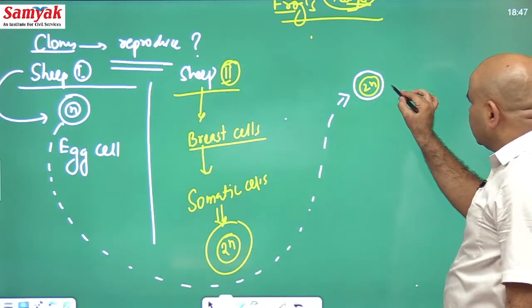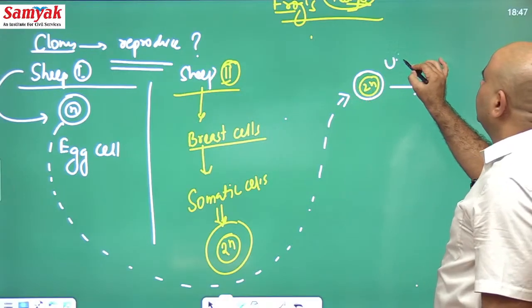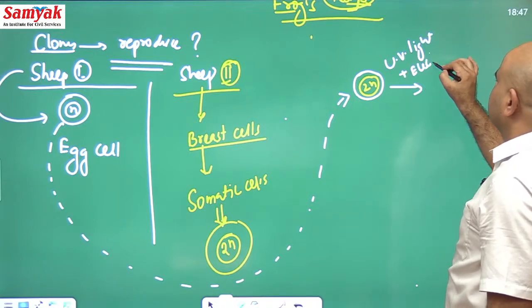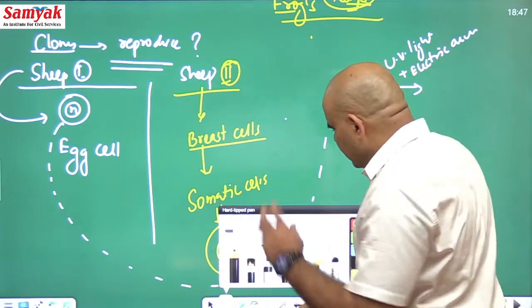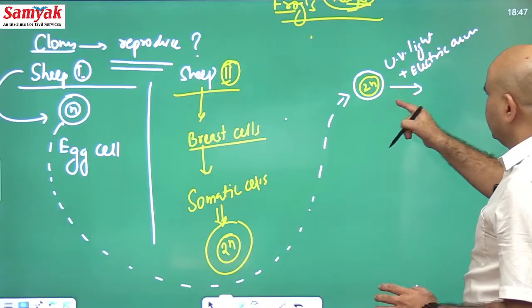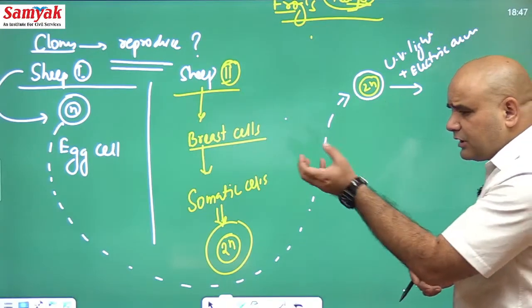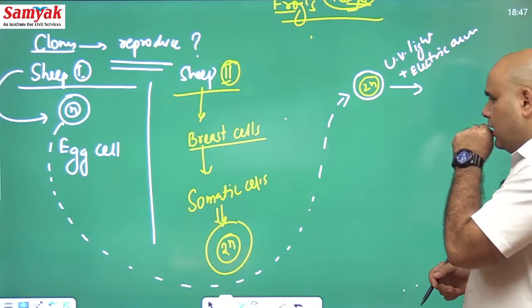Now, this was allowed to fuse properly with the help of UV light plus an electric arc. By means of sparking, they produce the electric arc. As a result, they were able to prepare a cell capable of showing the characteristics of a fertilized egg.